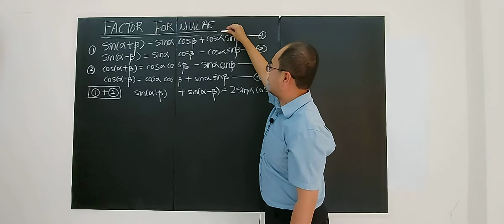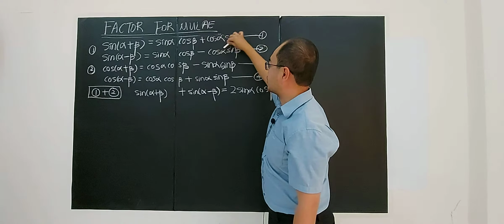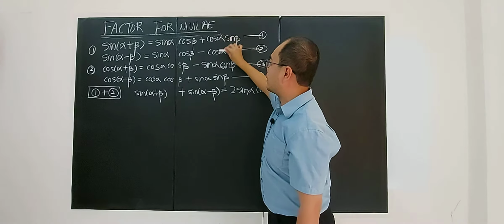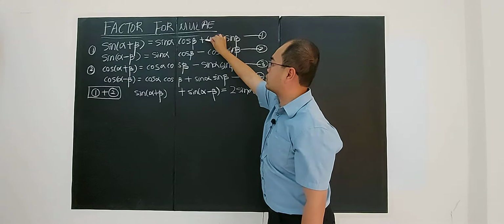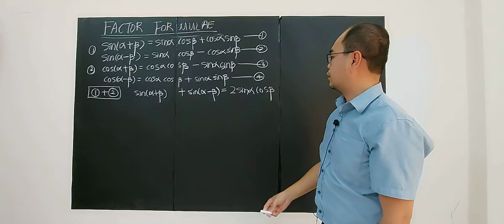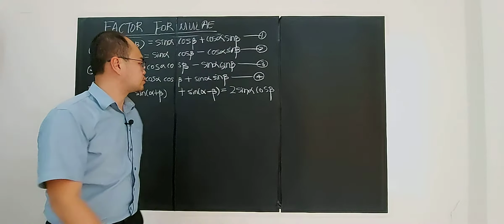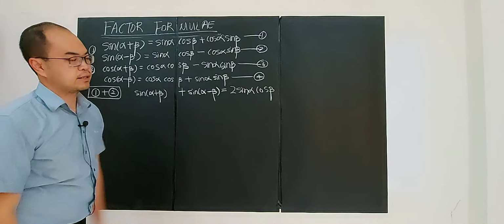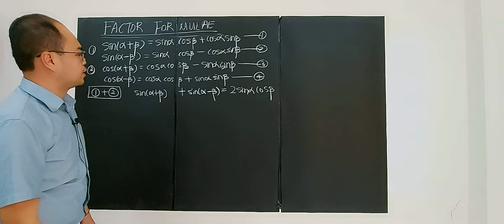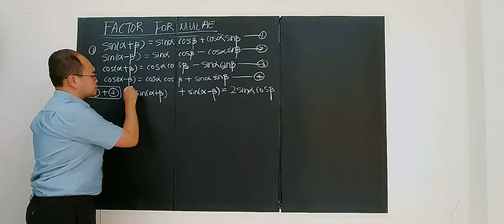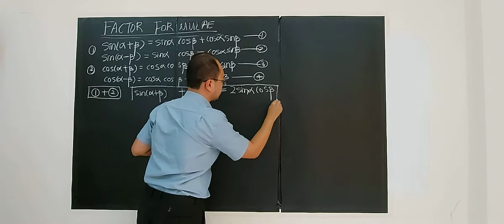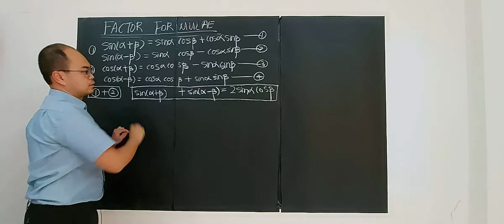So let's look at cos alpha sine beta. These are the same thing, right? If you add up these two, a positive and a negative, you are getting 0. So then you have already produced a new formula, right? This is a new formula, which is named as a factor formula.